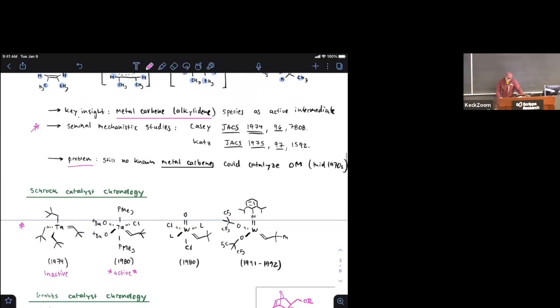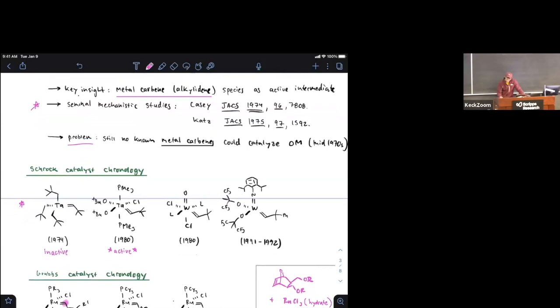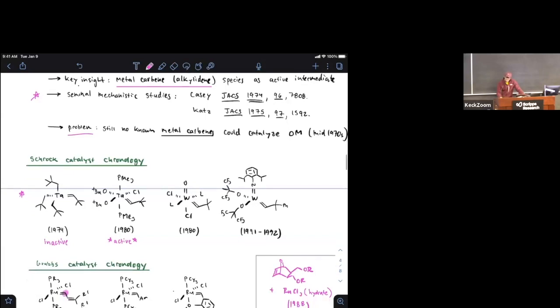So that changed then in the late 1970s, early 1980s. After Schrock's first report of the Schrock type alkylidyne, the tantalum alkylidene in 1974, which was metathesis inactive, he eventually found a variant of this with tuned electronic properties that was metathesis active, albeit a poor catalyst.